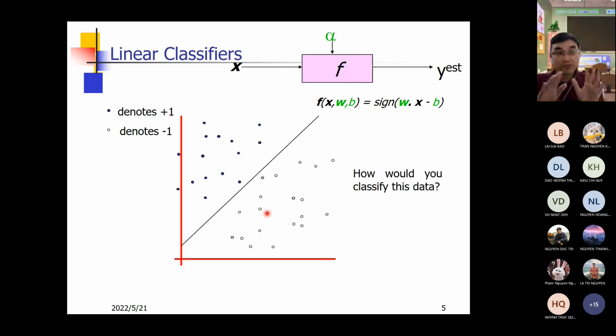But okay, we can use some linear classifier we are already learning about. For example, we build our classifier with a formula: the sum of the weight vector dot product with the feature vector, and then we can make a decision on whether it is positive or negative based on this formula.